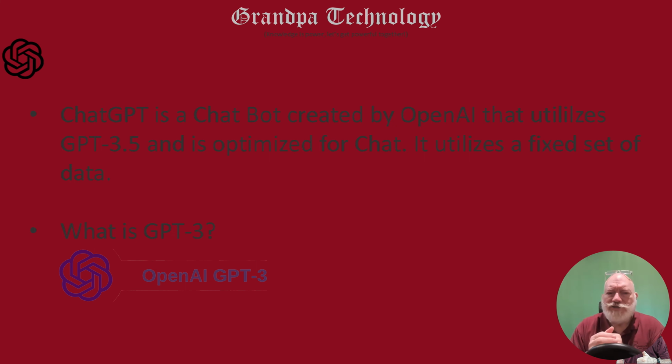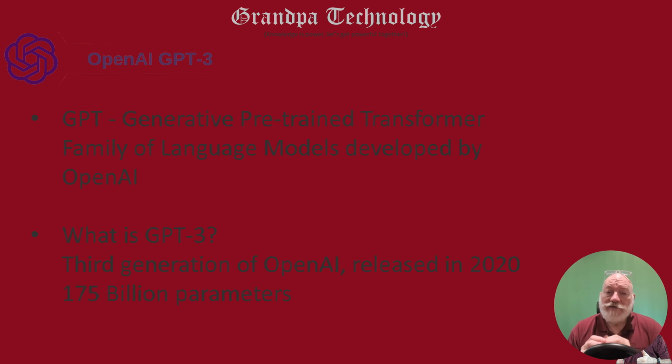Okay, well, what is GPT? Let's take a look. A GPT is a generative pre-trained transformer. That's what GPT stands for. It's a family of the language models that OpenAI has developed. So that's what GPT is. GPT-3 is the latest generation. And of course, ChatGPT uses the 3.5 version of that generation.